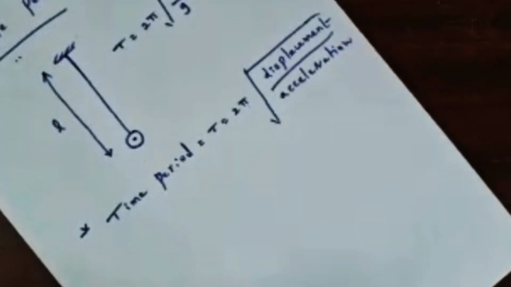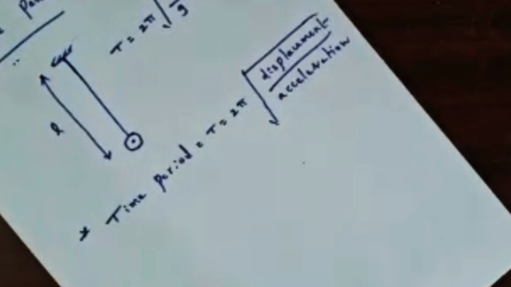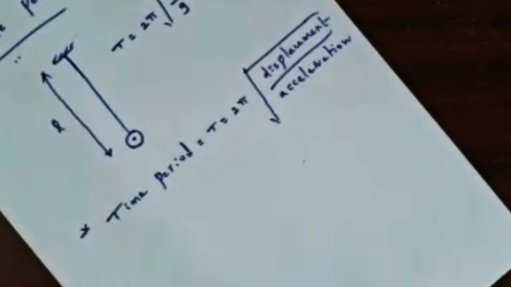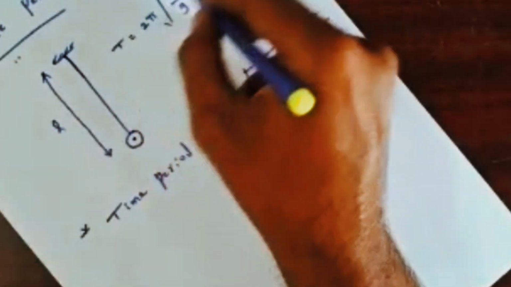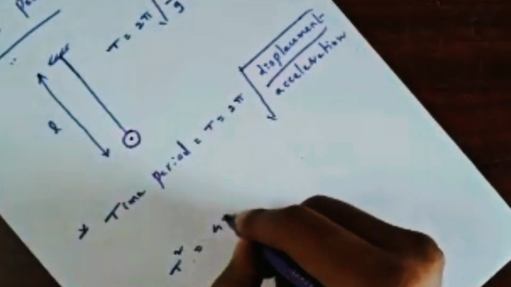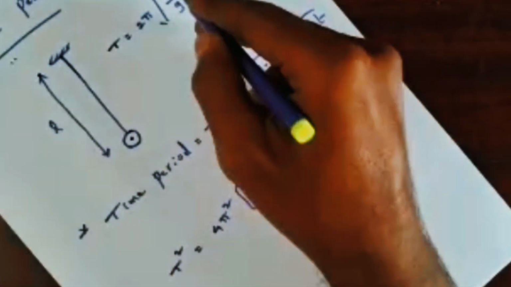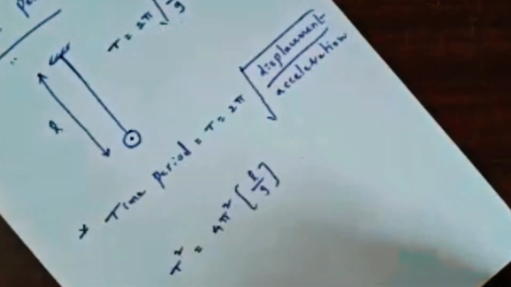Now, in this case, we have different applications. At first, we take the concept of squaring on both sides. This equation, T square is equal to 2 pi whole square, 4 pi square L by g. If you square on both sides of this equation, then you will get this.